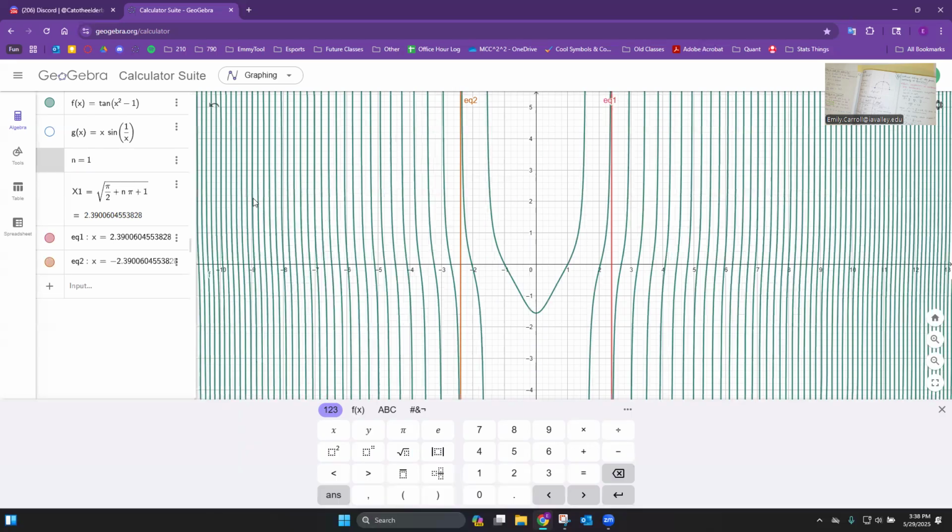So if I let n be 1, then we're at these two. If n is 0, then we're at those two. 2 is out there. 3 is out there. 4 is out there. It looks like they're getting closer and closer and closer. That's pretty cool, right?